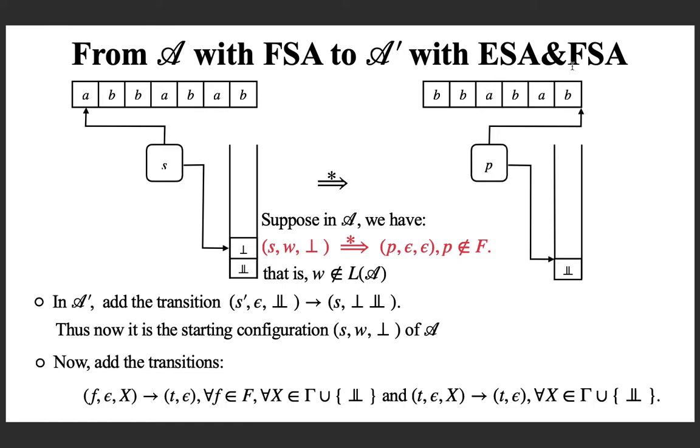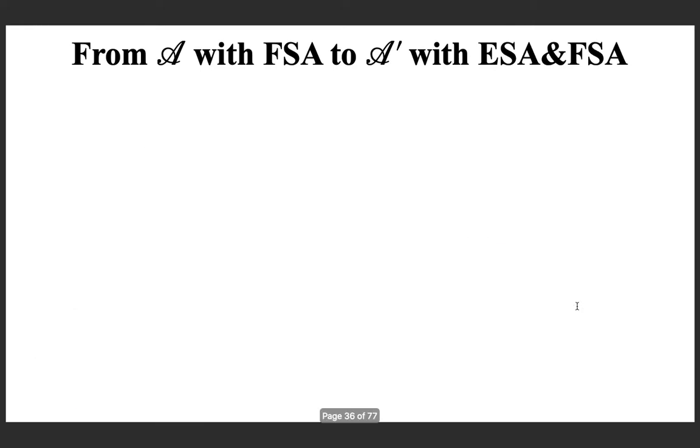It is rejecting by final state because P is not a final state. It is rejecting by empty stack because the stack is non-empty. So we are done, and now it is time for us to recollect what we did and define the algorithm. So note that this is rejected.